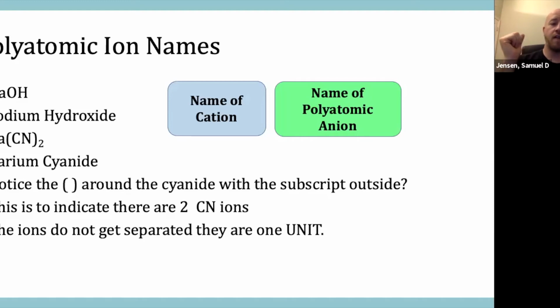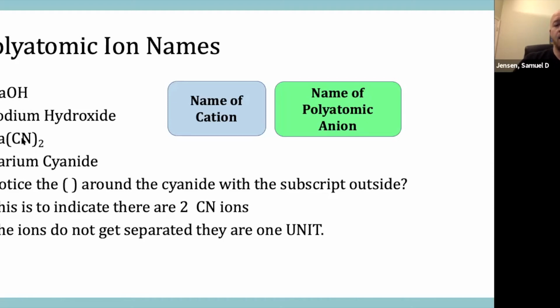Now this obviously presents an issue where the polyatomic ion keeps its name, but you need to know what the name is. For example, sodium hydroxide here: OH is the polyatomic ion hydroxide. You need to know that OH is hydroxide, otherwise how would you name that?